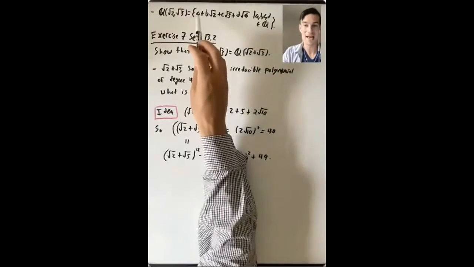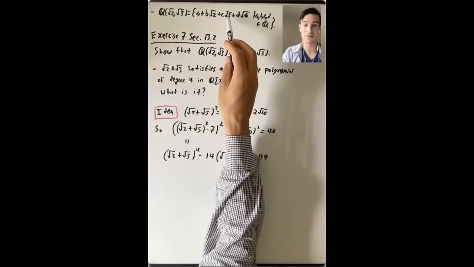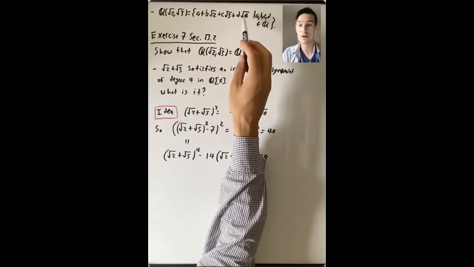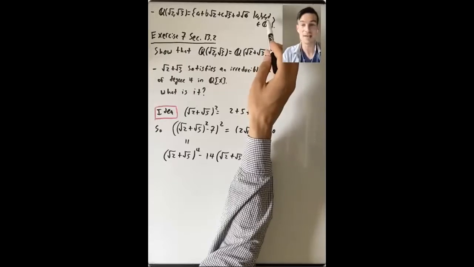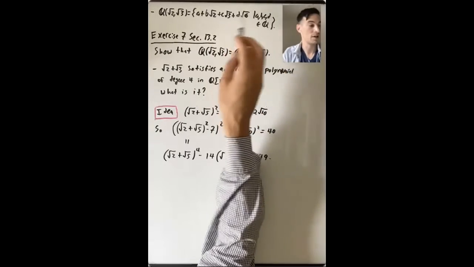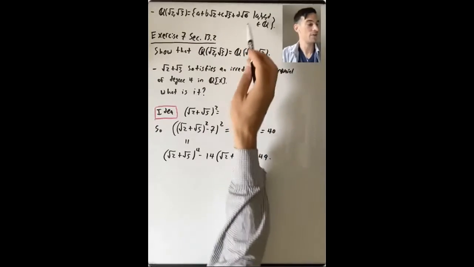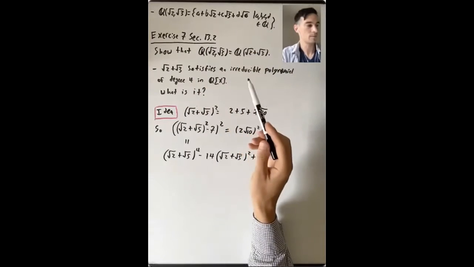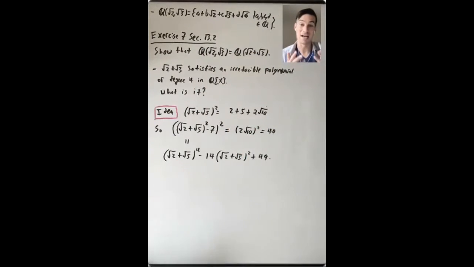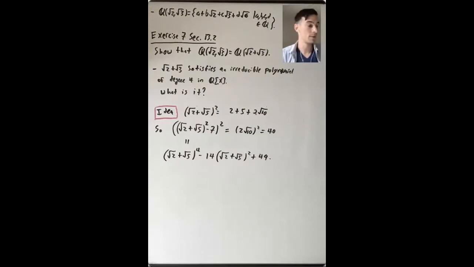So that's a plus b times square root of 2 plus c times square root of 3 plus d times square root of 2 times square root of 3, which is square root of 6, where a, b, c, and d are elements of Q. So this is our nice description of what the elements of this field look like. So in particular, we have this nice basis for this field as a vector space over Q.